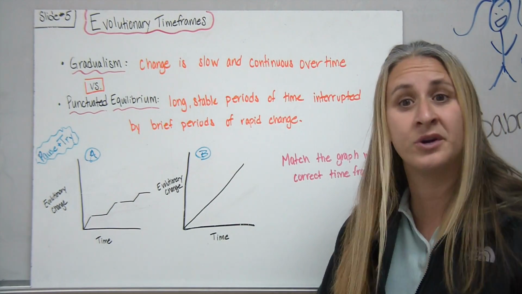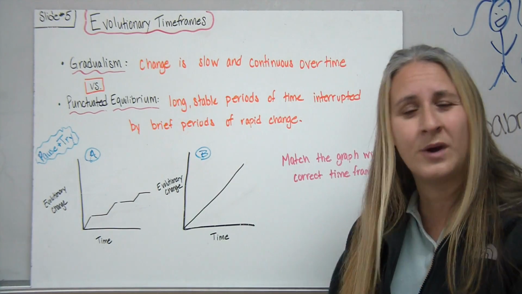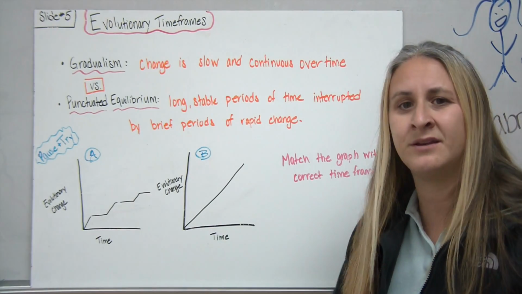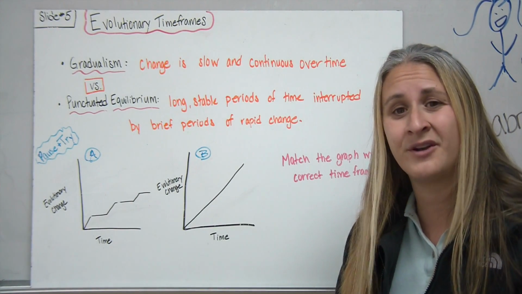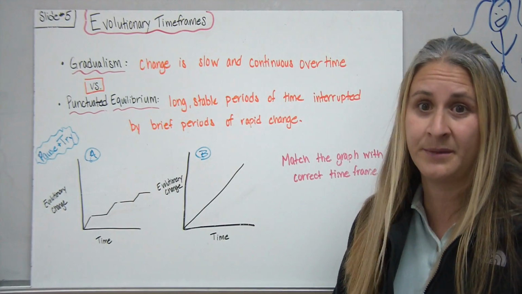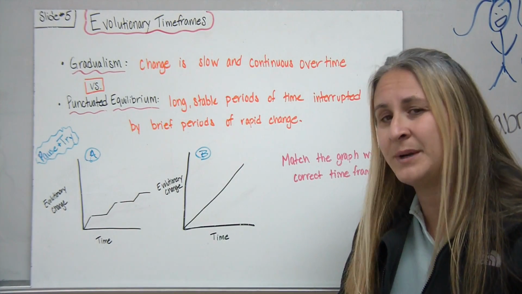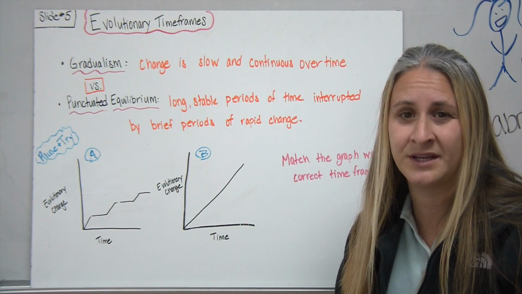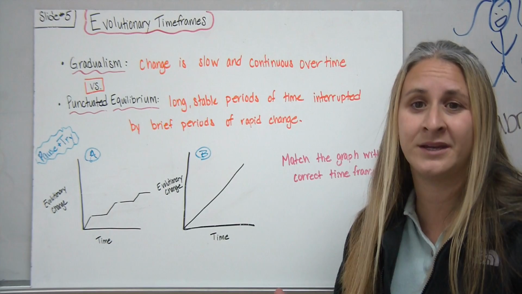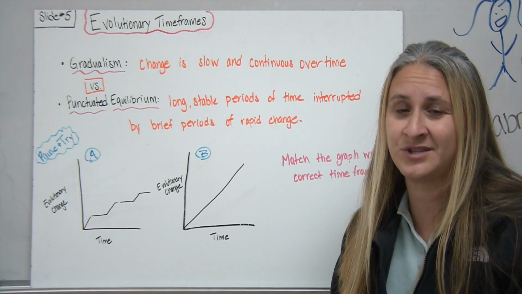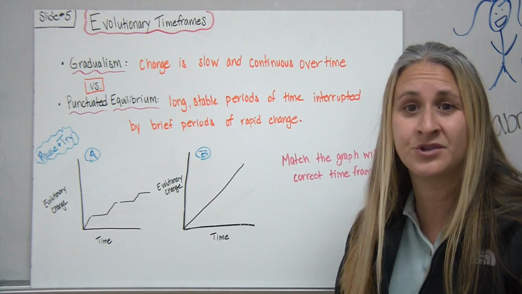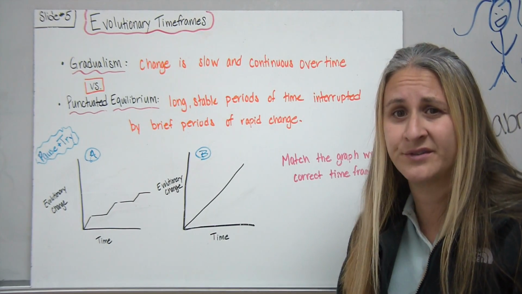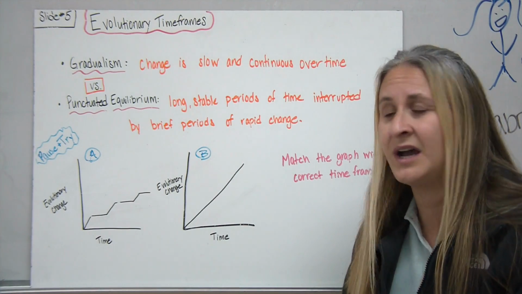Maybe it's a massive forest fire that all of a sudden wipes out all of the trees in a particular forest. The organisms that live in that area no longer have their habitat available to them. A lot of them might even have died off. So in the case of punctuated equilibrium, you all of a sudden have large amounts of these organisms having to somehow manage in this new or quickly changed environment. The ones that don't have those traits die off very quickly. The ones that do have the traits to survive in the environment are the ones that survive.